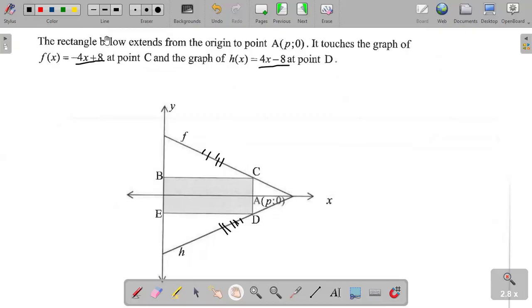So now the coordinates at C: the x here is P, because the x is P for both of them. So what's going to be the y? We're going to substitute. We're going to come here, so it's going to be 8 minus 4p.